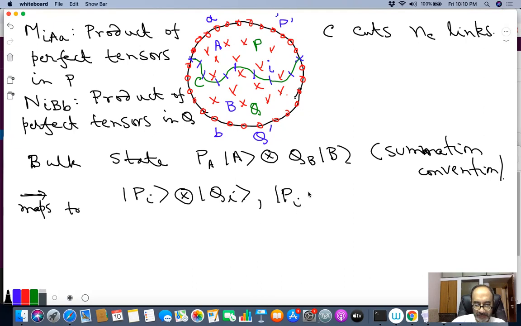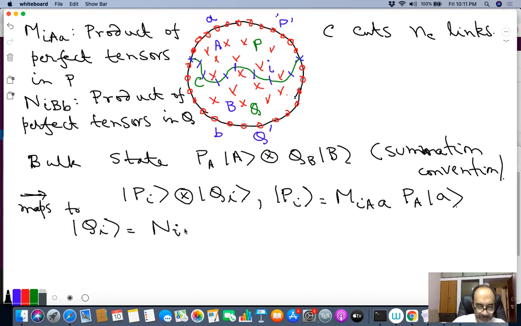Pi was M_{IAa} P_A times a. So it has this index I. And similarly, Qi was defined by N_{IBb} Q_B times b. And so this is the state in the bulk.